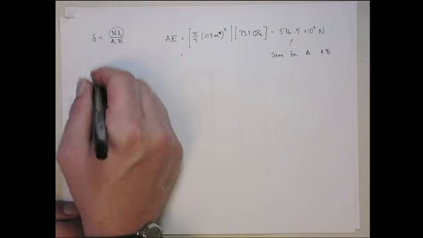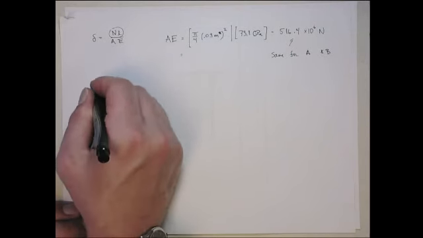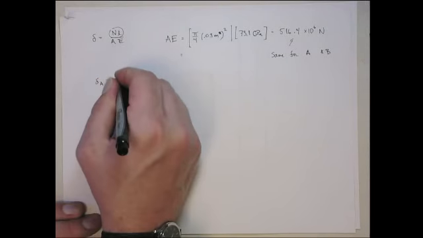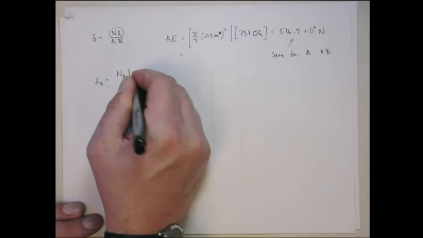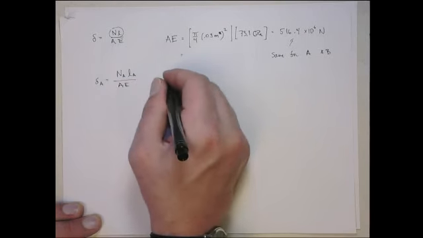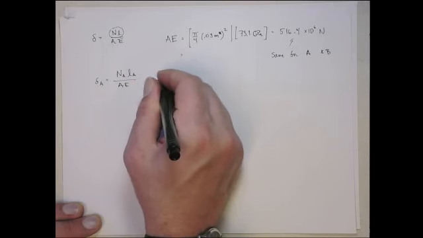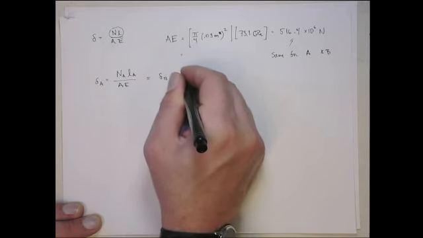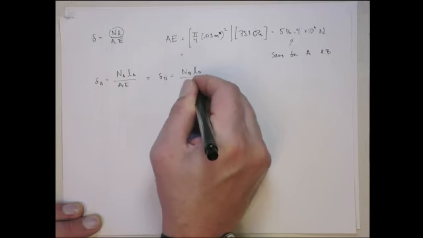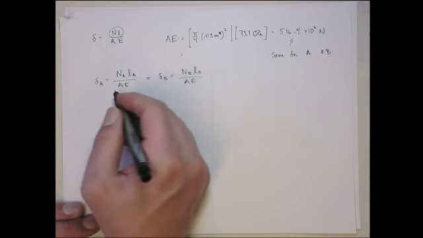Actually, I didn't even need to calculate that, because we want this constraint: the elongation in A is going to be the force in A times the original length of A over AE, and that has to equal the elongation in B, which is the force in B times the length of B over AE.